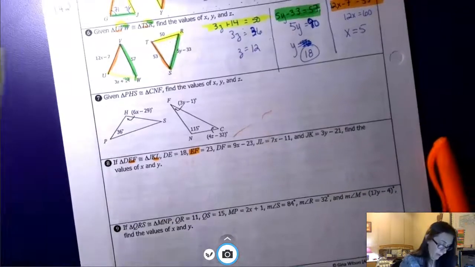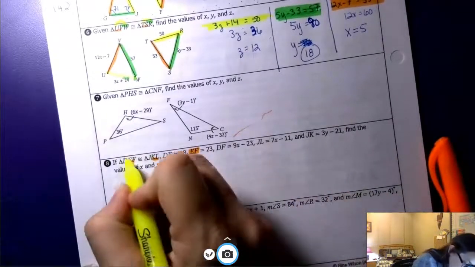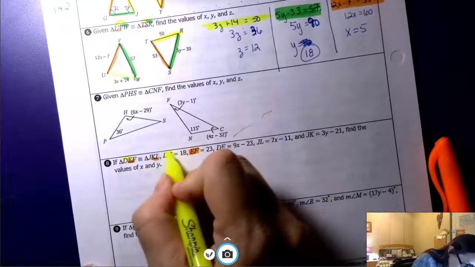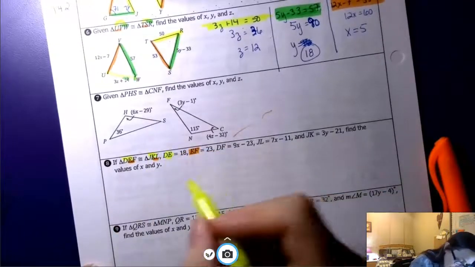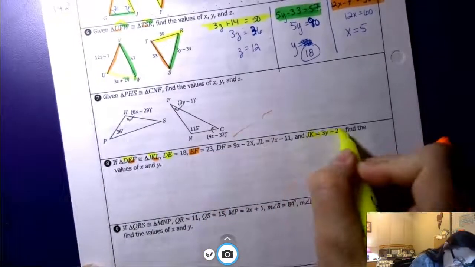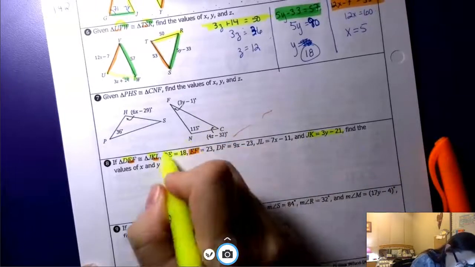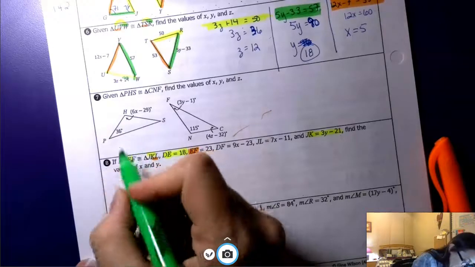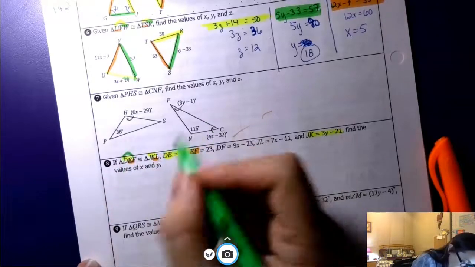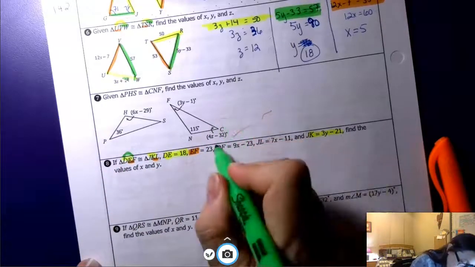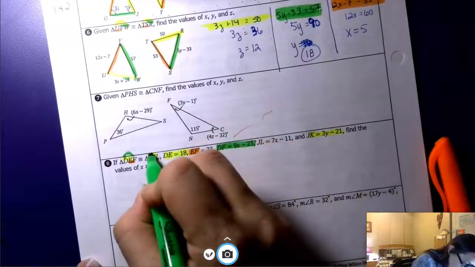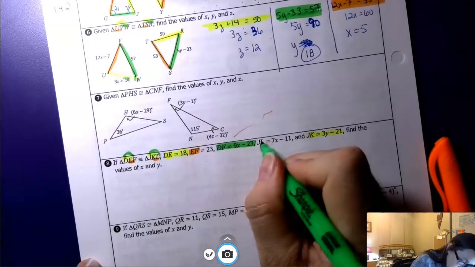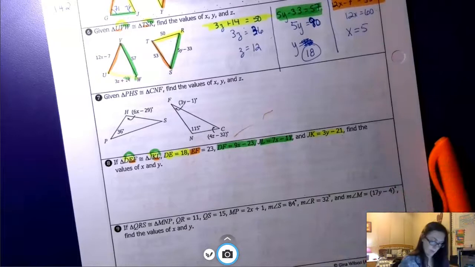Maybe there's not a KL. Let's try DE. DE is here. It has to match JK, which would be here. That's that part. And then the last one would be DF. So DF is here. And it has to match JL, which is also right next to it.